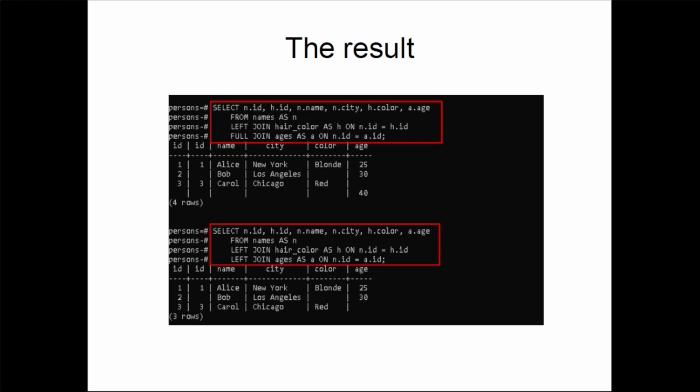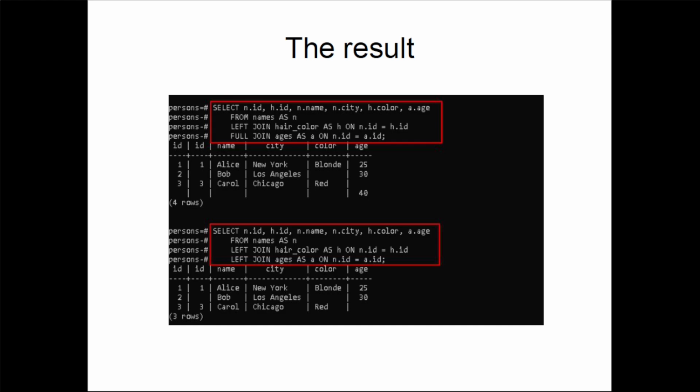Full join keeps all rows from both tables, names with hair_color and ages, with null for non-matching columns in either direction, including unmatched ages rows. Right join, not used here, would keep all rows from the right table, but as discussed, it is equivalent to left join with reversed table order.